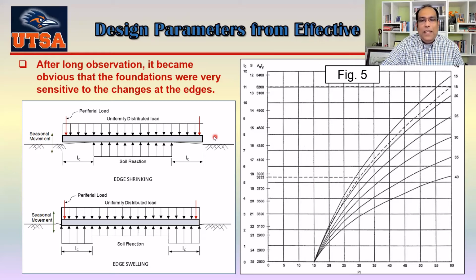Definitely this will depend on which part of the country you are talking about. If you are talking about 15, then this is the worst case scenario. You can see that for a particular PI, you will have the highest cantilever length here.